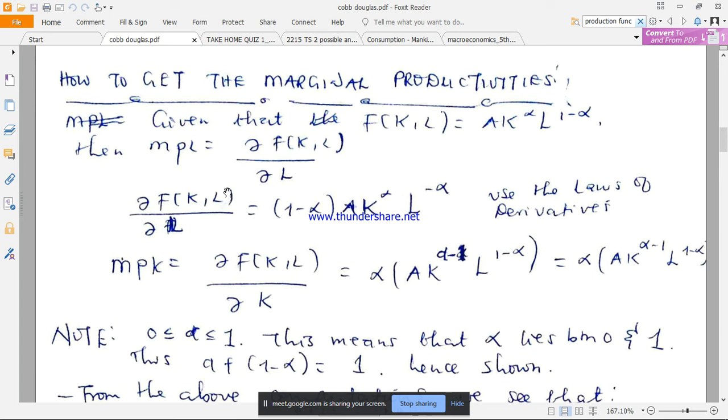In other books, you're going to find that they say change in y due to change in labor. It's the same thing, because we say that y is equal to a function of capital and labor. So in other versions, they will put a y here.